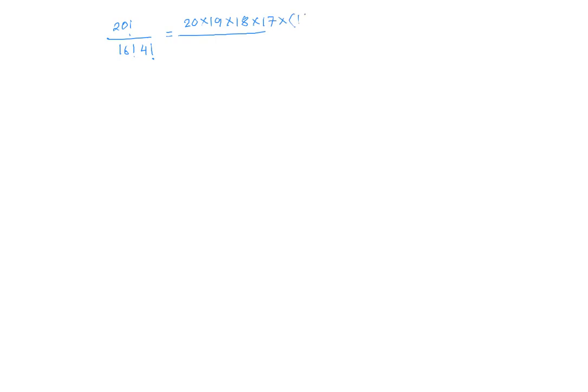Why do I go down to 16? Because there is a 16 factorial in the denominator. And 4 factorial is 4 times 3 times 2 times 1. So 16 factorial cancels out.